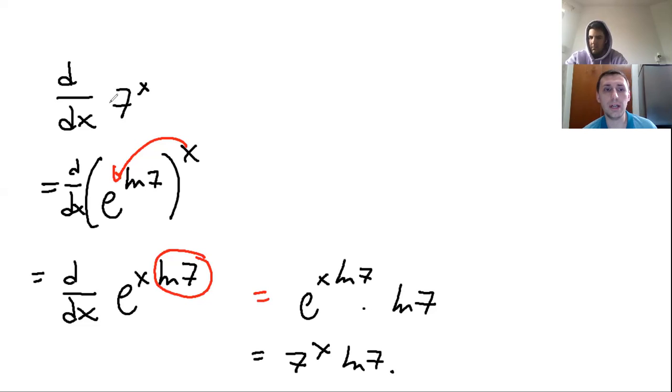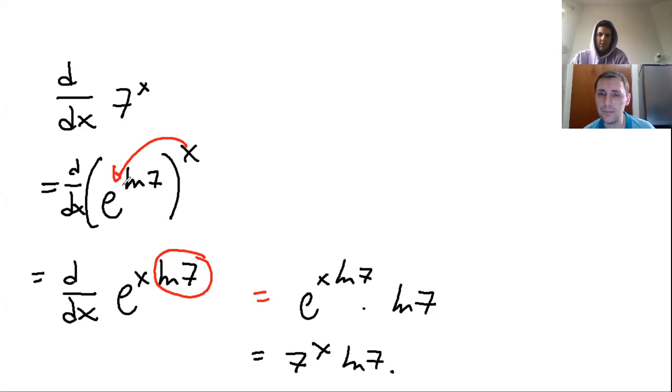Zainab, one more time. Again, I do not like taking the derivative of 7 to the x, maybe because it's easier for me to remember that the derivative of e to the x is e to the x. So I can convert 7 to the x to e form, because 7 is e to the ln 7, right? 7 to the x I can view as e to the power of ln 7, to the power of x.